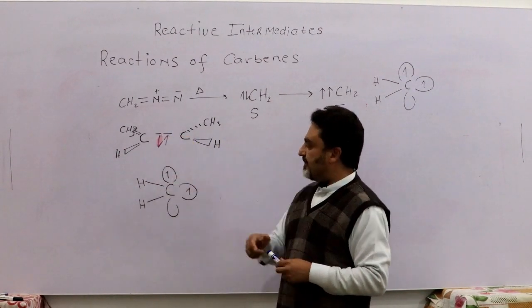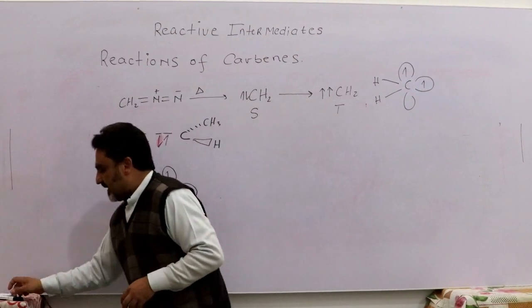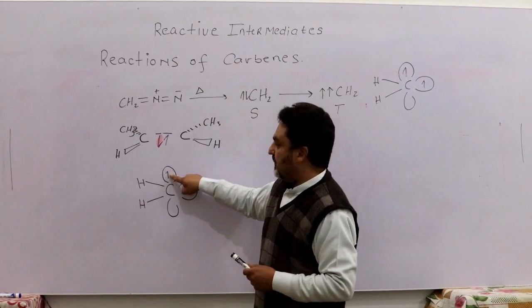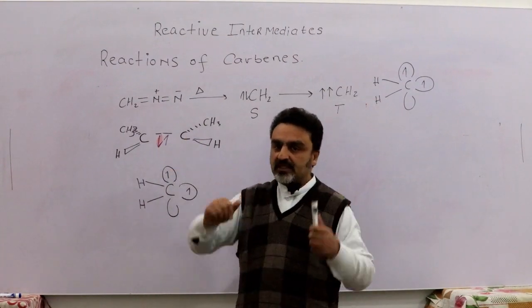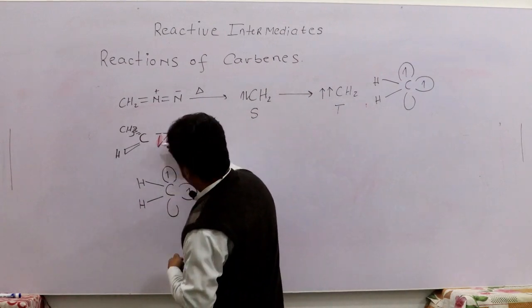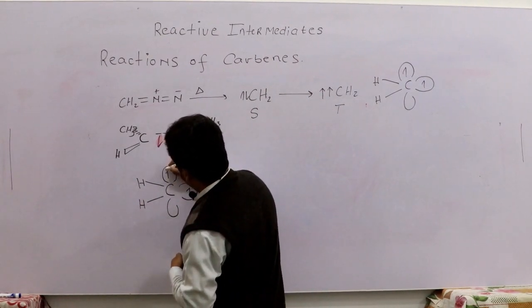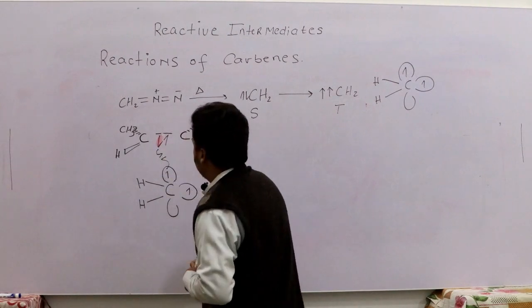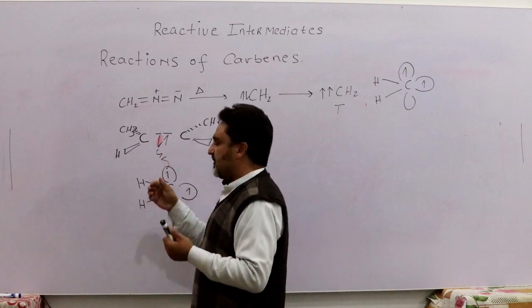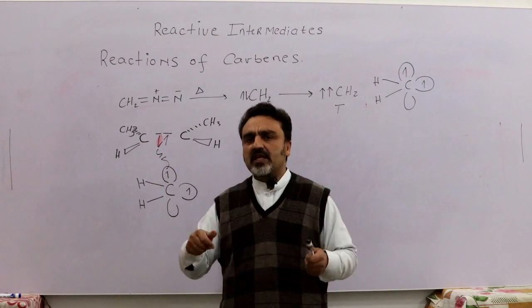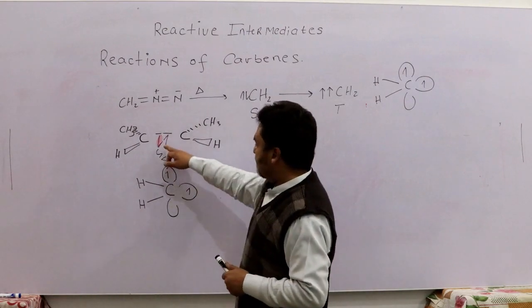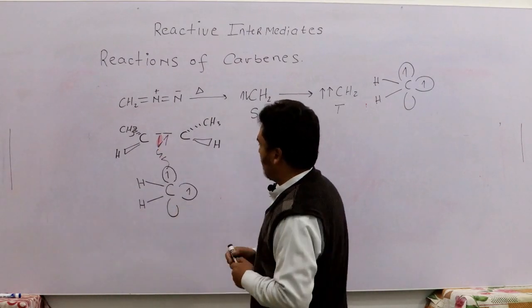Now what happens? This electron and this electron are in opposite directions, and immediately they can produce a bond. So let me write it with these fish hook arrows, which are for single electron movement.